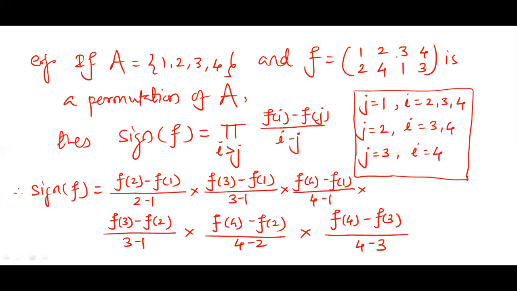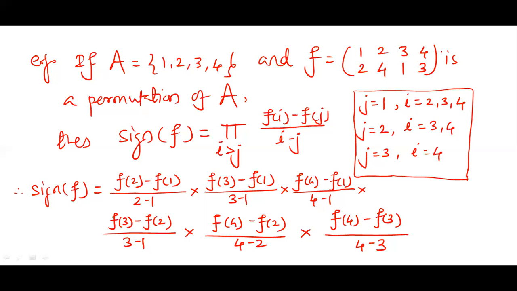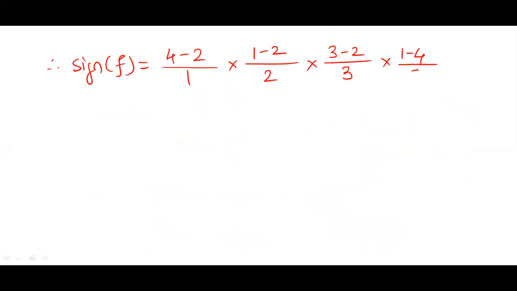The fourth term we have f(3) minus f(2). f(3) is 1, f(2) is 4. (1 minus 4) divided by (3 minus 2), that is minus 3 into.